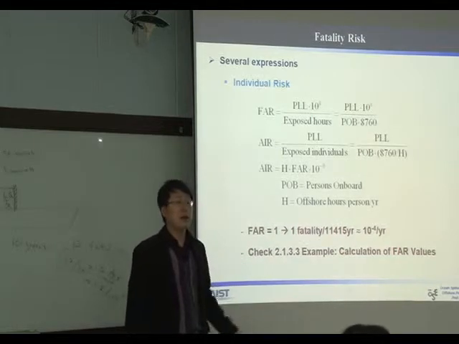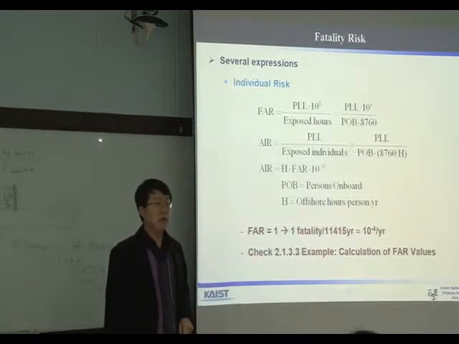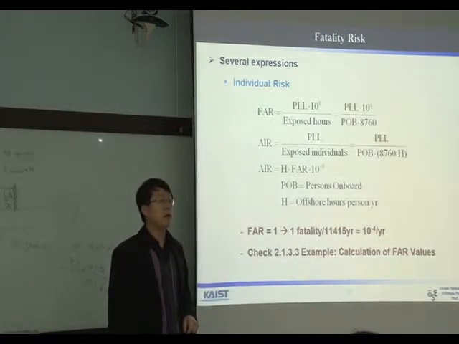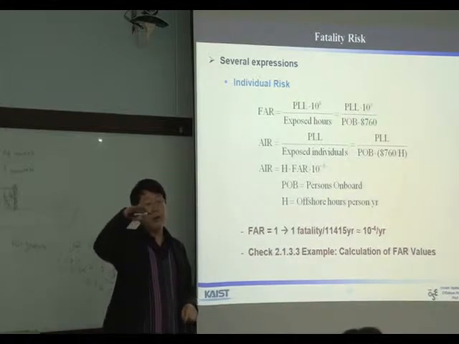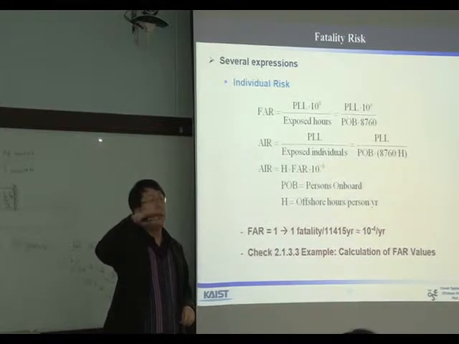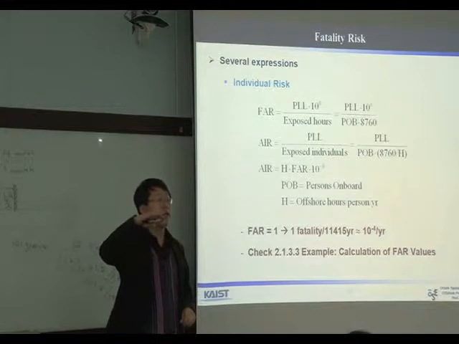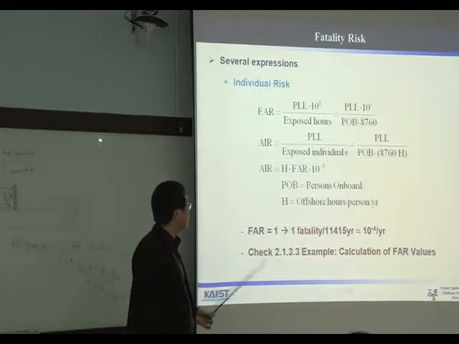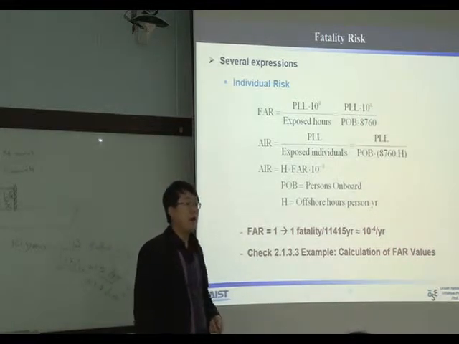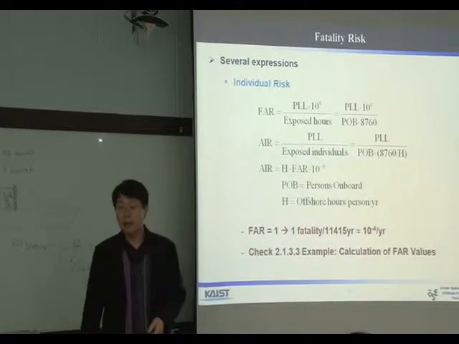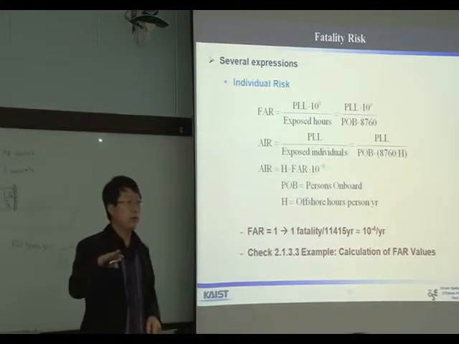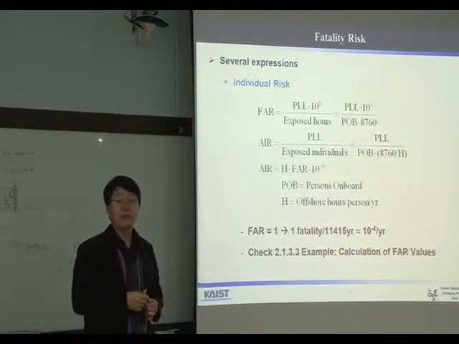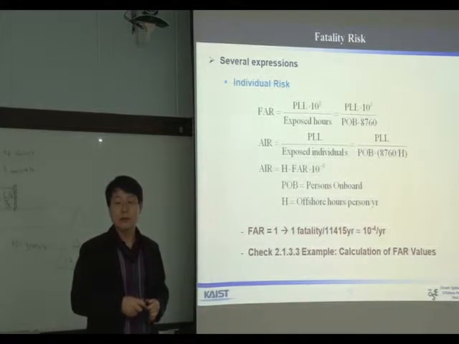Typically 10 to the minus 3 per year is a limit of acceptable fatality risk. So we can say that a FAR of about 10 is a typical value for offshore installations.